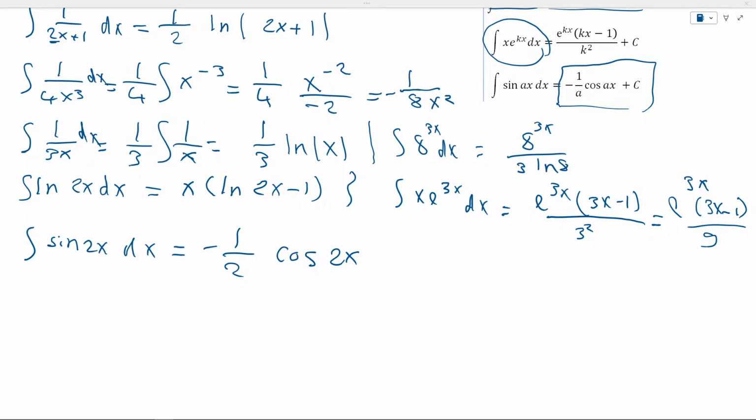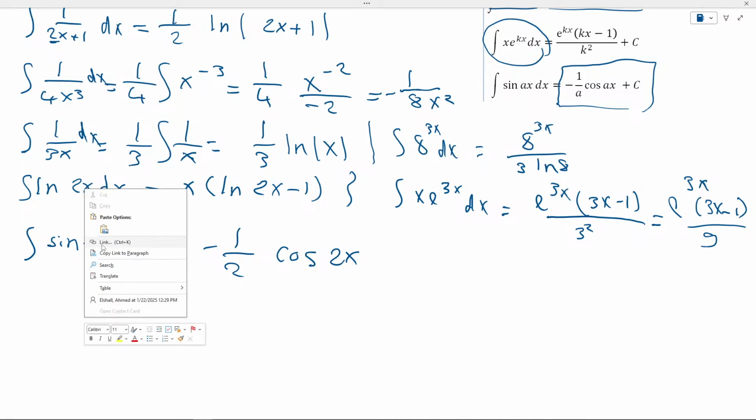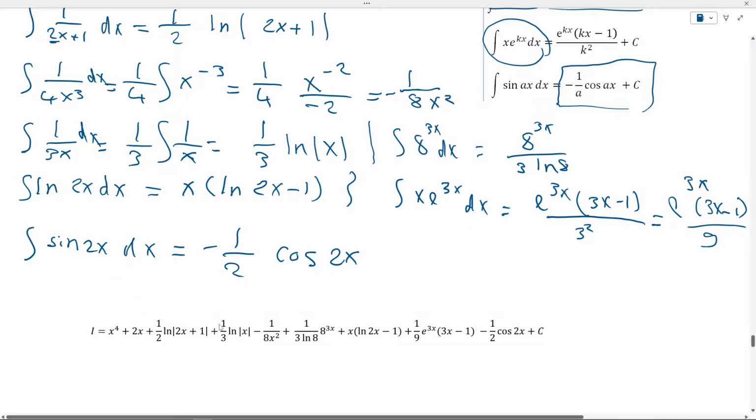My final answer would look something like this. It's easy to make mistakes in these things. I just spotted some mistakes while I was copying this, so I was just correcting them.